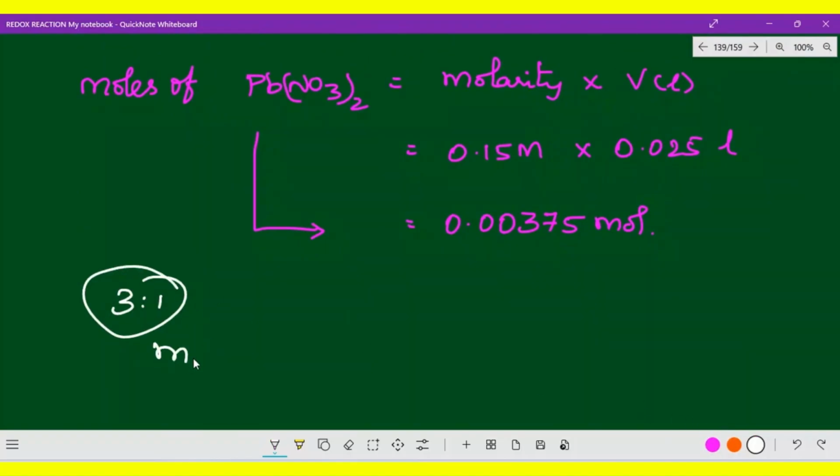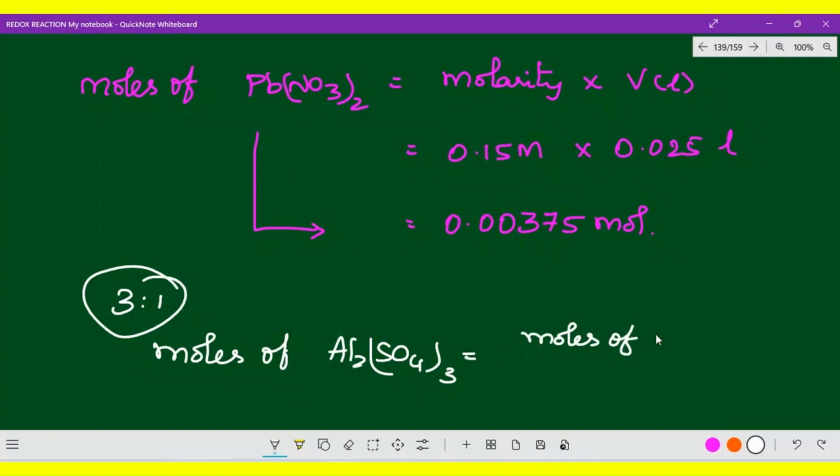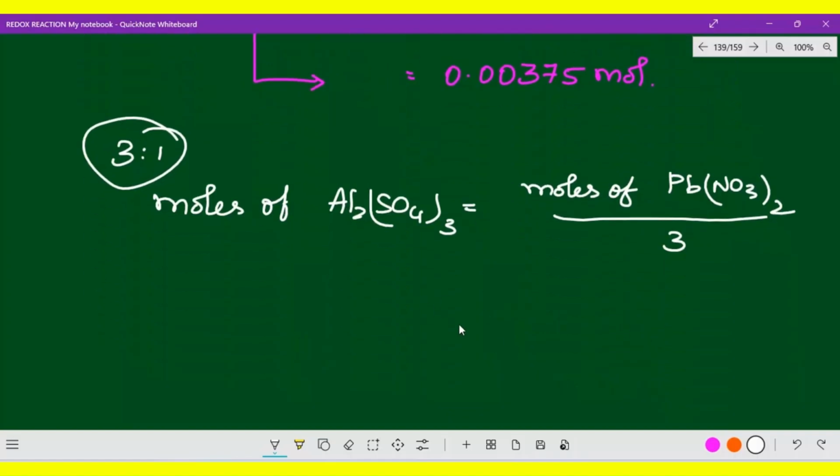So that is moles of Al2(SO4)3 we have to identify. Moles of PbNO3 twice divided by 3, because it is 3:1. So how much moles did we get here? 0.00375 mole, divided by 3.